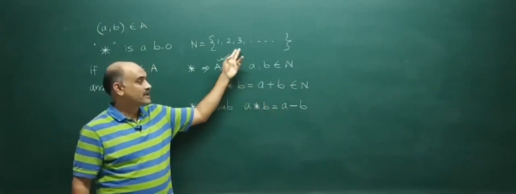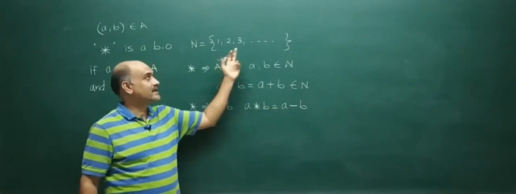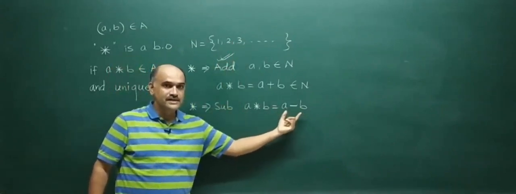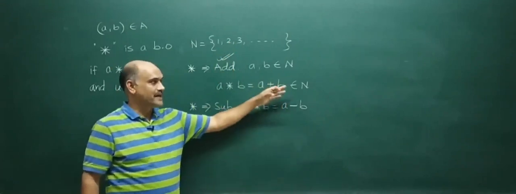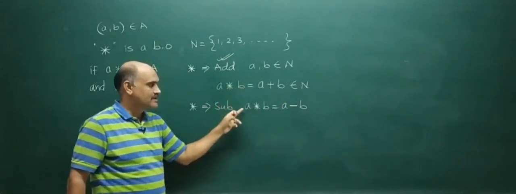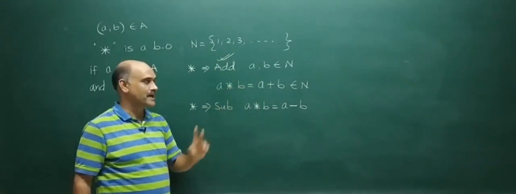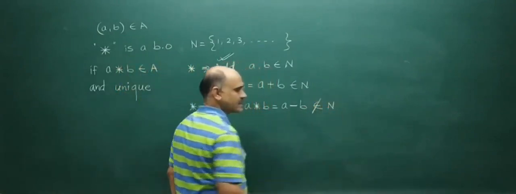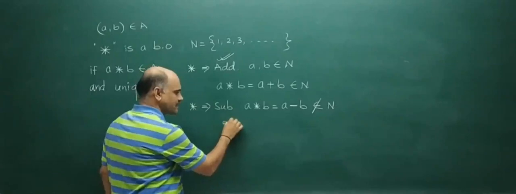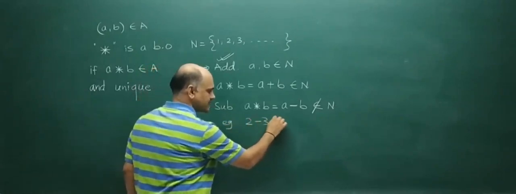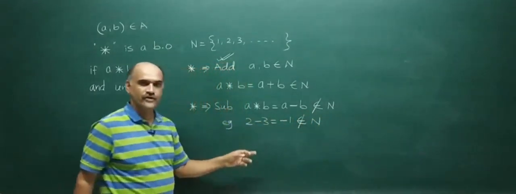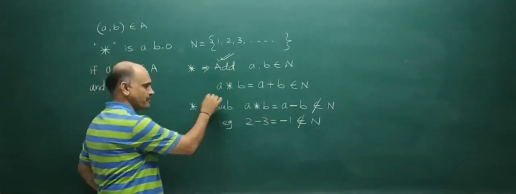No. If a is less than b, you will get a negative number. For example, 2 minus 3 is minus 1. Minus 1 is not a natural number, so it does not belong to N. Therefore, it is not a binary operation.